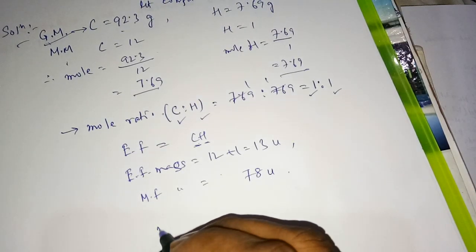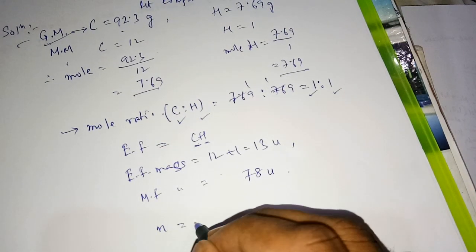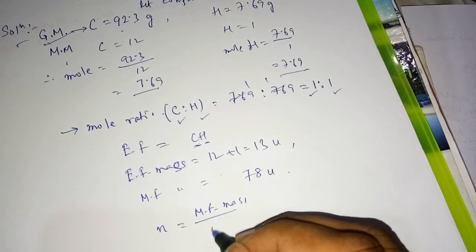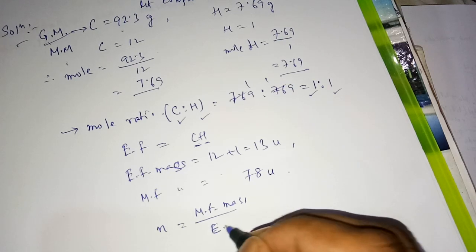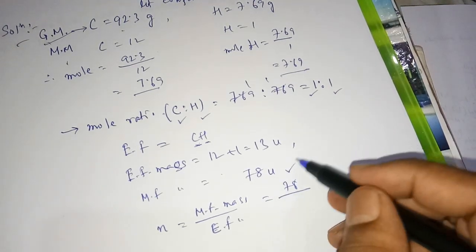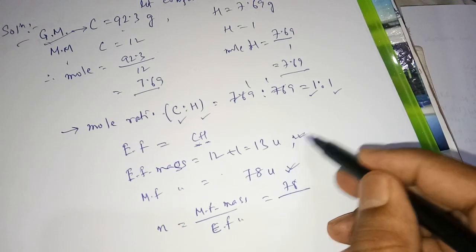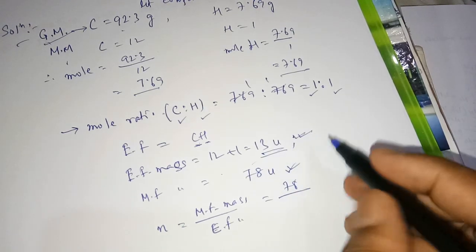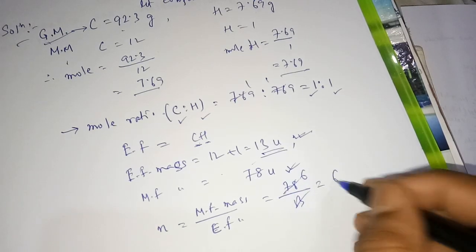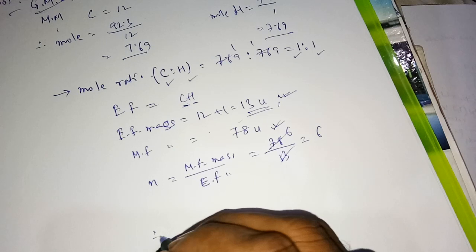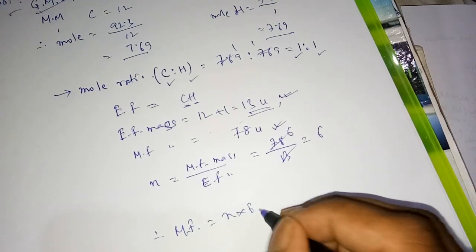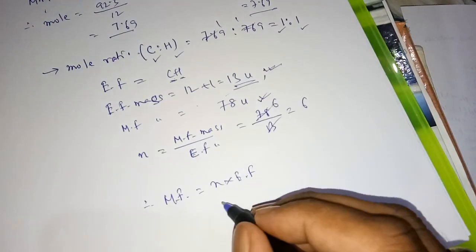Now we have learned n equals what? Molecular formula mass by empirical formula mass. Molecular formula mass we have 78, this is given in the question, and empirical formula mass we have found out, it is 13. So we know the table of 13, 13 times 6 is 78. So therefore, students, molecular formula is n into empirical formula.